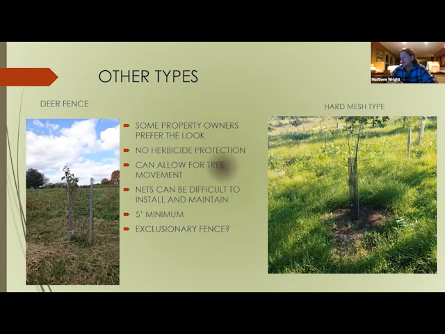So again, maintenance is the key, not just for mowing and spraying. Sometimes people ask me about exclusionary fence. That's expensive, and if a tree falls down and knocks part of the fence down, every tree in there is free for the pickings.